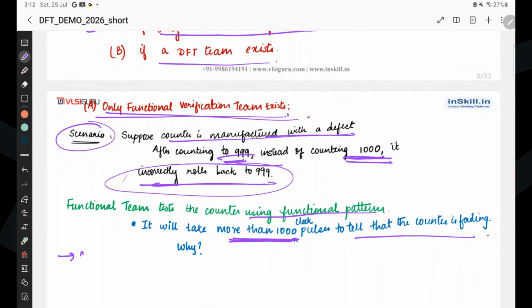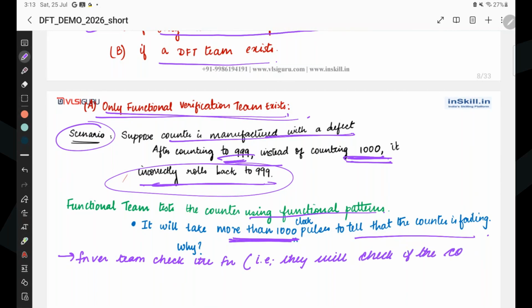So here, the functional verification team will be checking the functionality. That is, they will check if the counter counts from 0 to 1023.